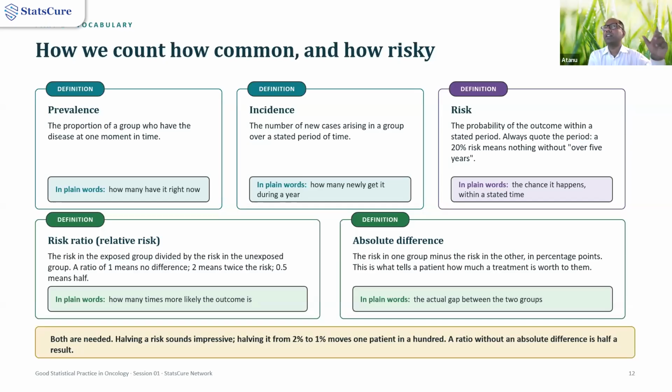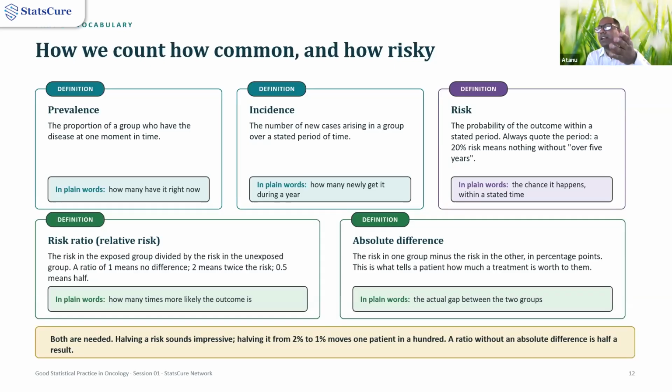For example, if you ask what is the prevalence of breast cancer in 2022, we are going to consider all existing breast cancer cases, those who were diagnosed and still alive with breast cancer, diagnosed in 2015, 16, and maybe 2010, still having breast cancer.